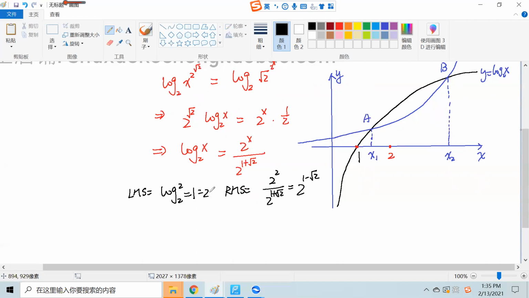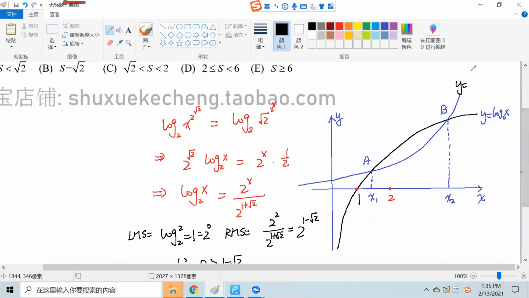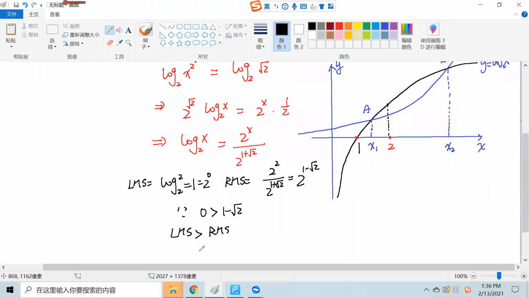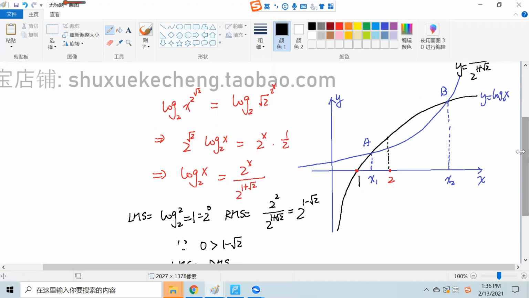Since 0 is greater than 1 minus root 2, the left-hand side is greater than the right-hand side, which means that log 2x is above the graph of y equals 2 to the x over 2 to the 1 plus root 2, like this. And then we check the second point, we check 4.